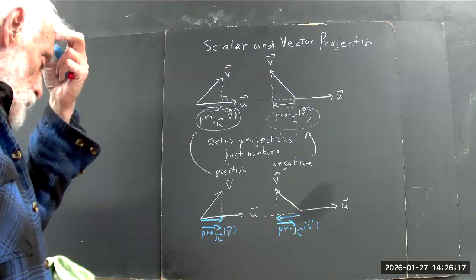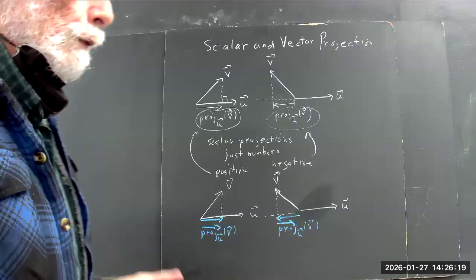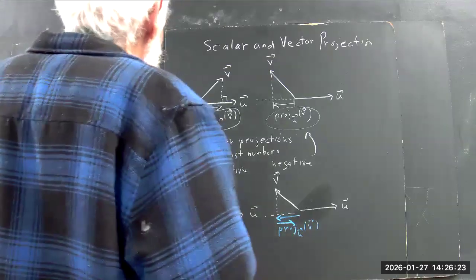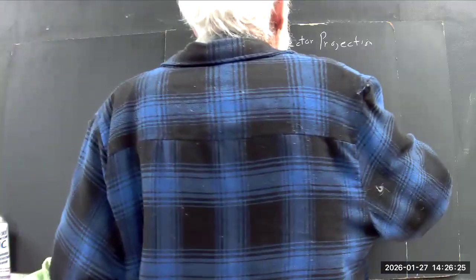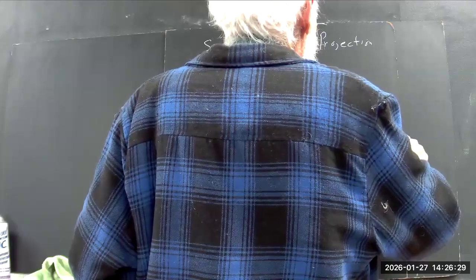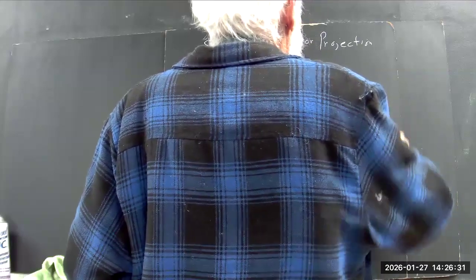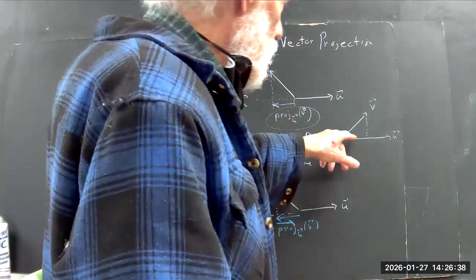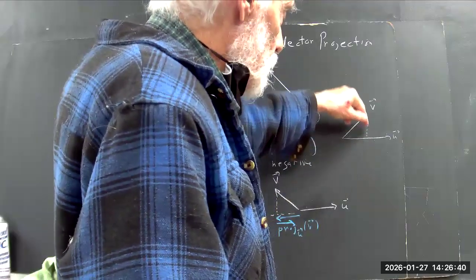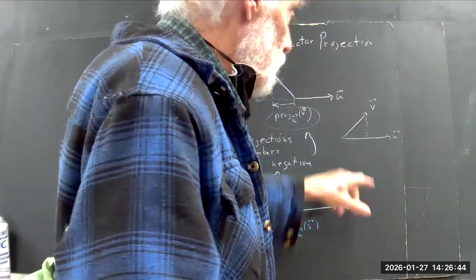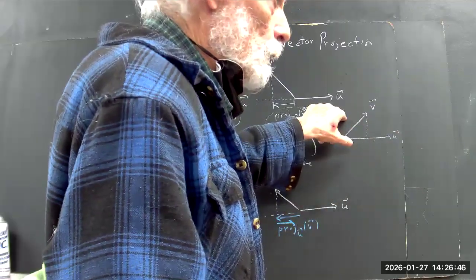Okay, well, how do you calculate the scalar and vector projections? Just taking this one picture as an example, between the projection line, the vector v, and the line of vector u, I have a right triangle.